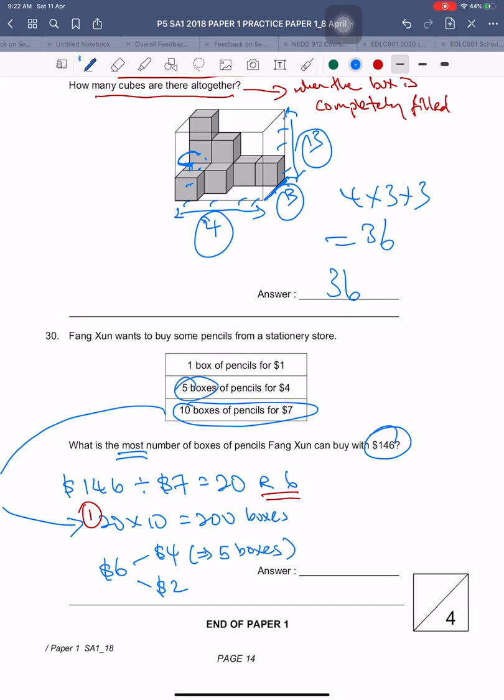Of course, the last one is only $2, where he can buy only 2 boxes.